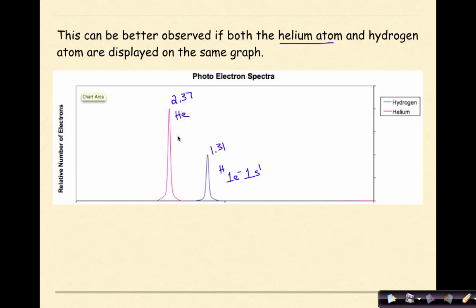Here with the helium, we have 2 electrons, and those electrons are represented by 1s2. Again, as I stated before, if the nucleus is located right here, the 2 electrons in helium are a little bit closer to the nucleus, because in that case, the nucleus would have 2 protons, compared to the location of the peak for the hydrogen, because in that scenario, the nucleus would only have 1 proton.